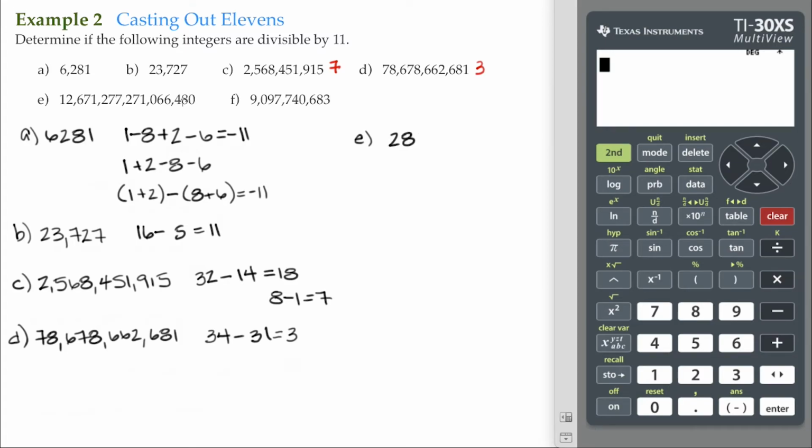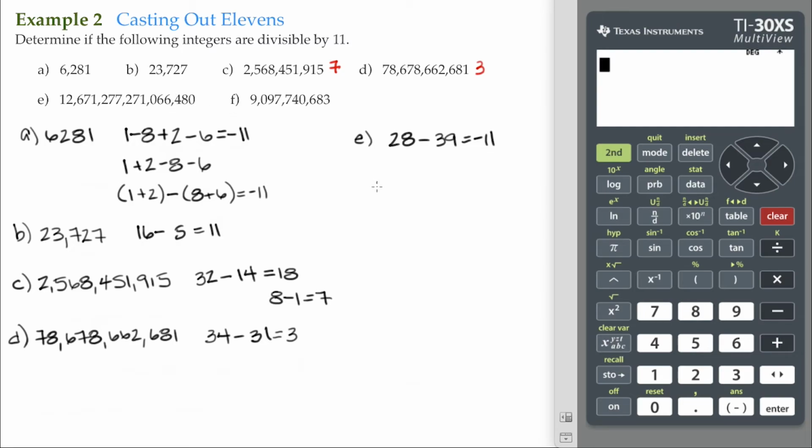Taking the next rightmost number, 8 and 6, that's 14. 0. 7 more, that's 21. 7 more, that's 28. 2 more, that's 30. 7 more, that's 37. And 2 more, that's 39. And then we subtract 28 minus 39. That's negative 11. Negative 11 is divisible by 11. So this big number here is also divisible by 11.